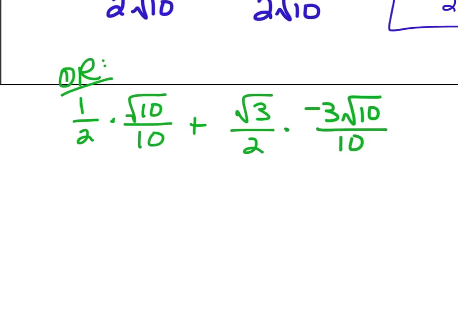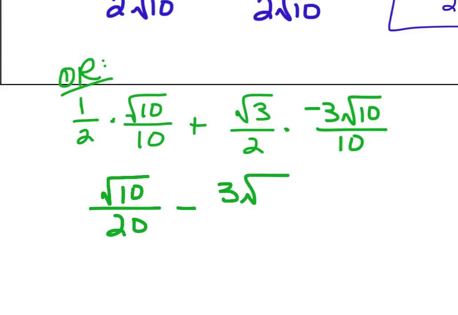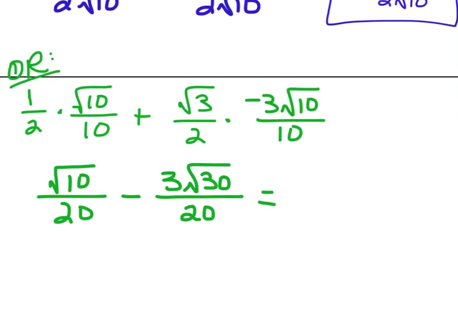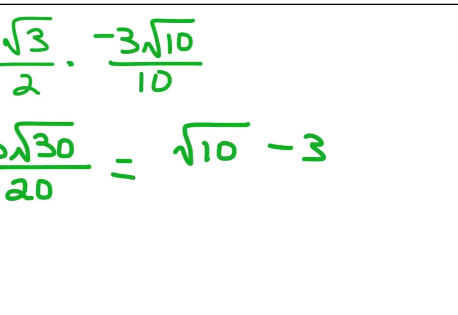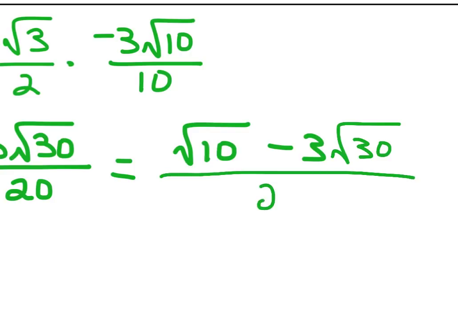You get two fractions with a denominator that's 20. So I have radical 10 over 20 minus 3 radical 30 over 20. And so that whole thing would give you radical 10 minus 3 radical 30 all over 20.